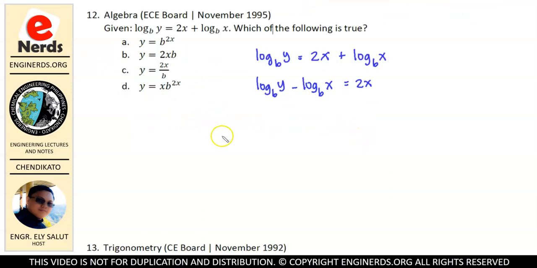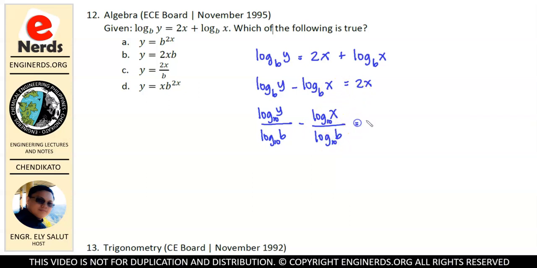Okay, so natutunan natin sa ating algebra course doon sa properties of radicals that this will be equal to the logarithm of y to the base of 10 over the logarithm of b to the base of 10. Similarly, dito sa ating second expression, we have the logarithm of x to the base of 10 over the logarithm of b to the base of 10.